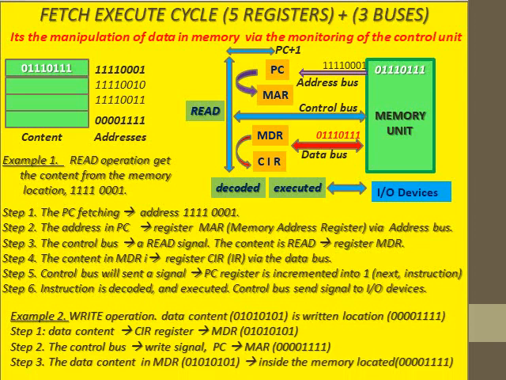Step 2. The control bus will initiate a write signal for an empty location from the memory fetched by PC, which is ready in the MAR. Step 3. The content of MDR is now placed inside the memory as located inside 11110000 of MAR. The procedure is much simpler here.